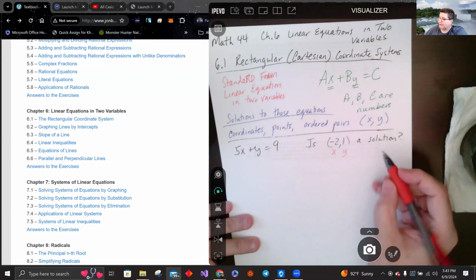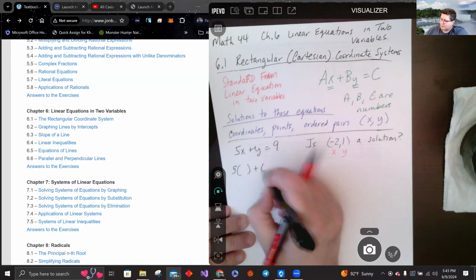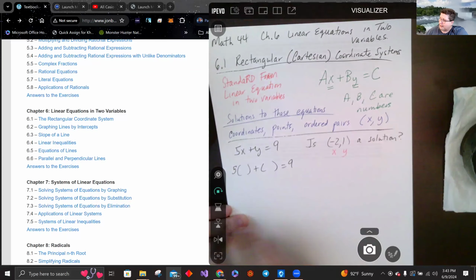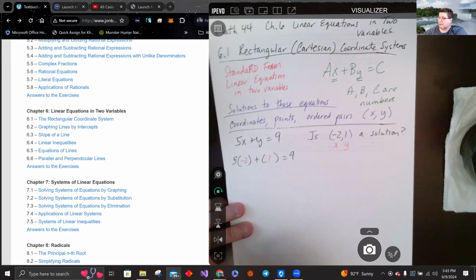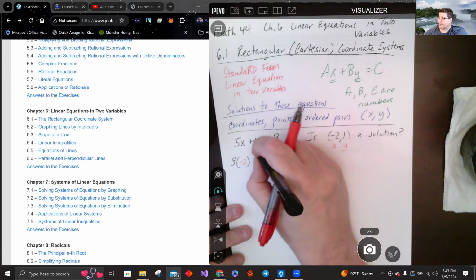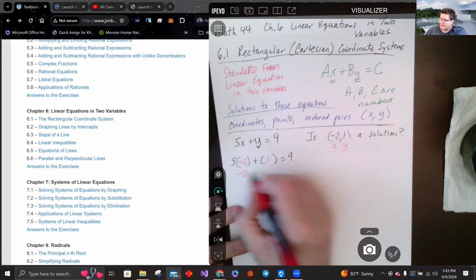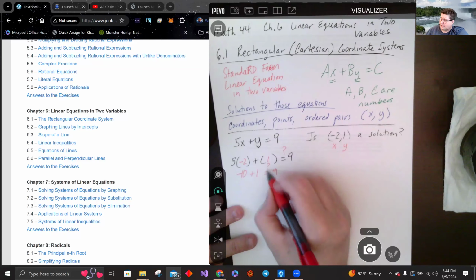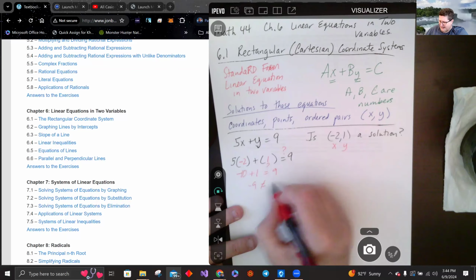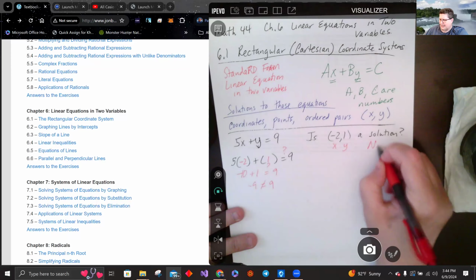This is my y value. So I have 5 times (-2) plus (1) equals 9. I'm plugging in my -2 and 1 for x and y. I have 5 times -2 is -10 plus 1. Does that equal 9? -9 does not equal 9. So no, it's not a solution.